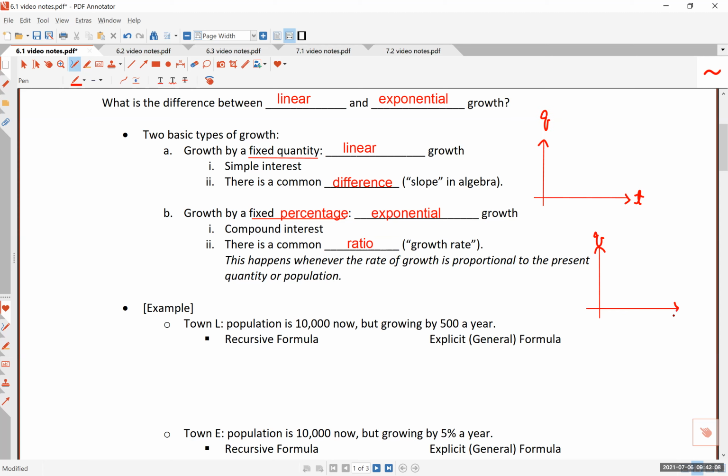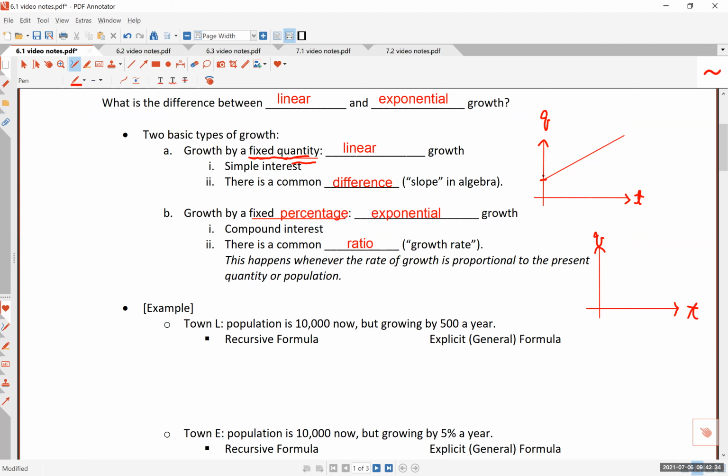So the vertical axis represents a quantity and the horizontal axis represents time. And so in linear growth, you start with some point and the growth is basically on a straight line. And there's a reason for it. And the reason is precisely because the growth rate is by the fixed quantity. All right.